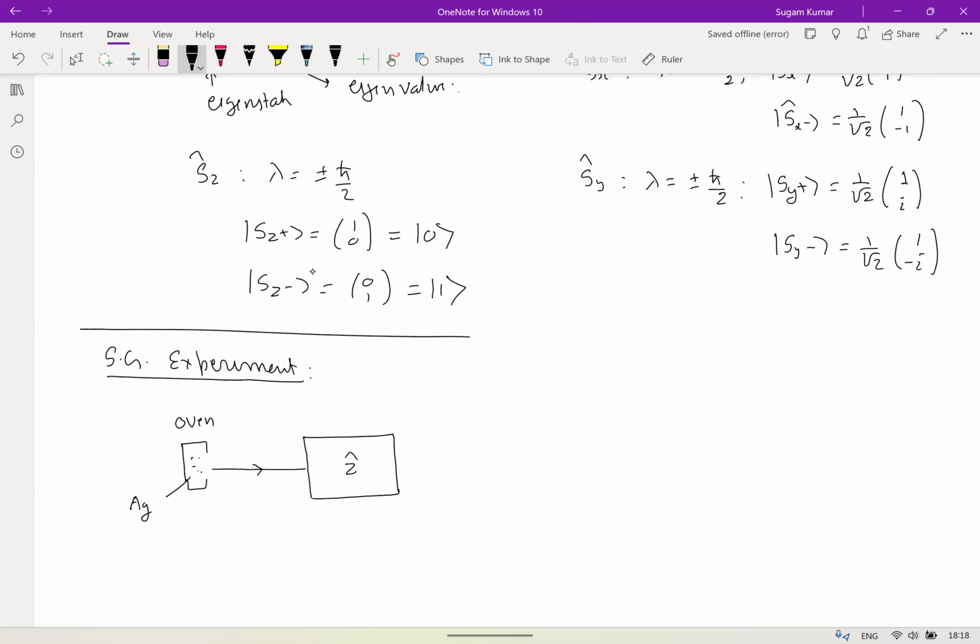Here you are measuring the z component of the spin, meaning you are applying the Sz operator.